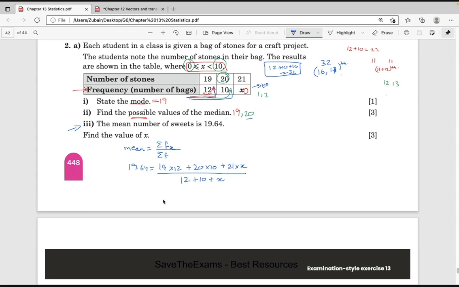Now we work it out using a calculator. 19.64 equals 19 into 12 is 228, plus 200, plus 21x, and in the denominator we have 22 plus x. Now this goes on the other side.